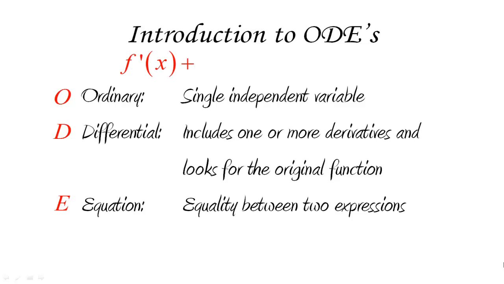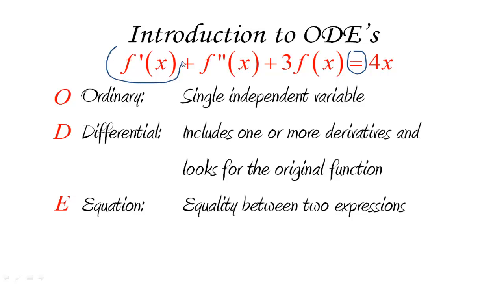So here is an example, for instance, of an ordinary differential equation. First of all, notice that it is an equation. It has an equal sign. So the fact that there is an equal sign makes it an equation. There is an expression on the left, an expression on the right. It is a differential equation because there are derivatives. There is a first derivative here, and there is a second derivative there. There is also the function, but that's not required.